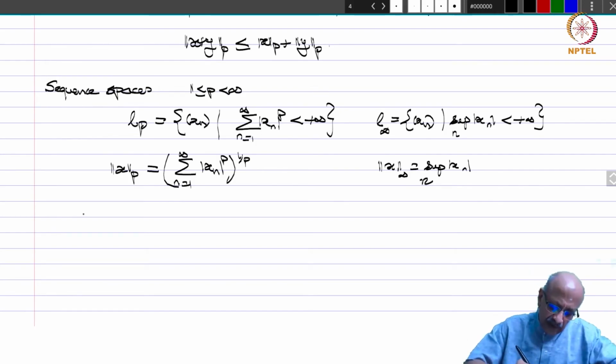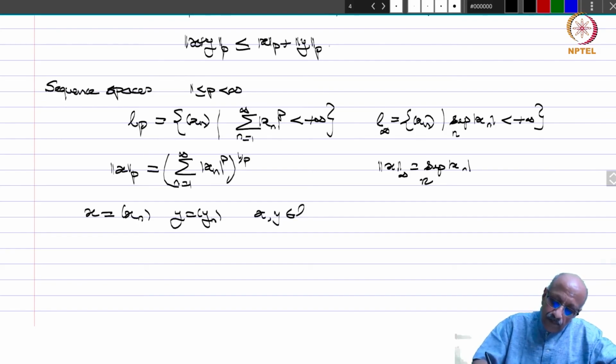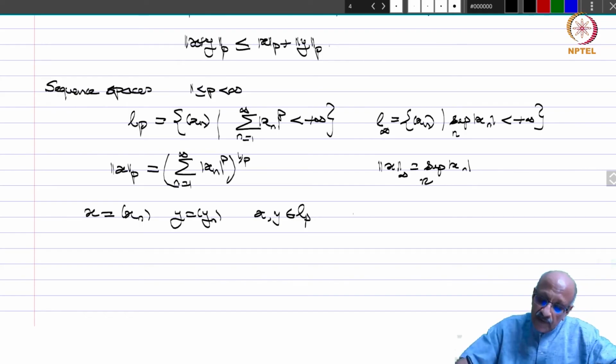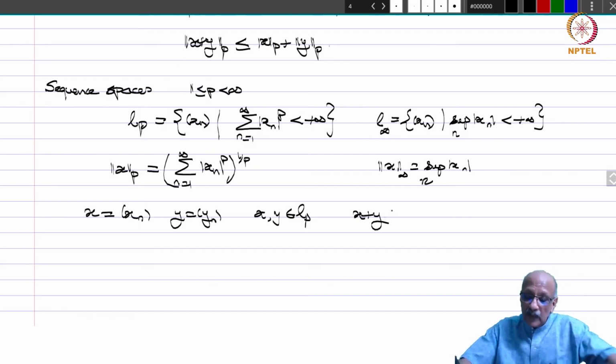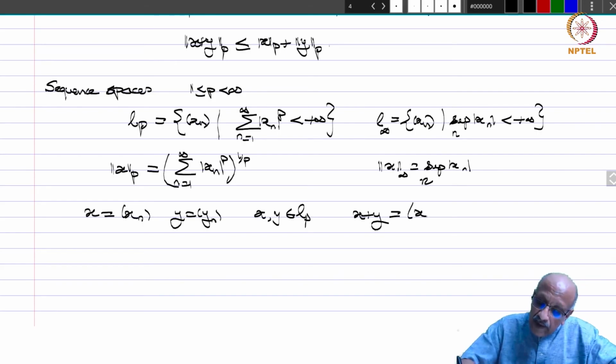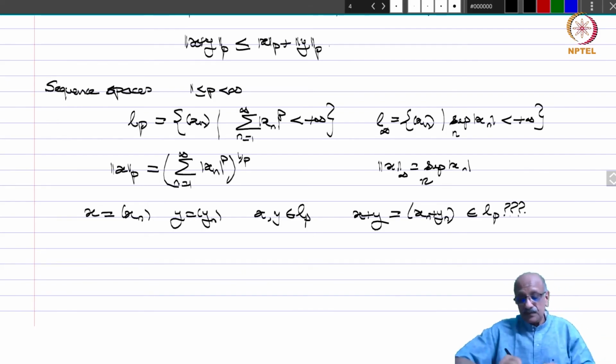Let us take x equals (x_n), y equals (y_n), x and y in ℓ^p. So the question is whether x plus y, which is the sequence got by component-wise addition, the sequence x_n plus y_n, belongs to ℓ^p. This is a question which we need to address.